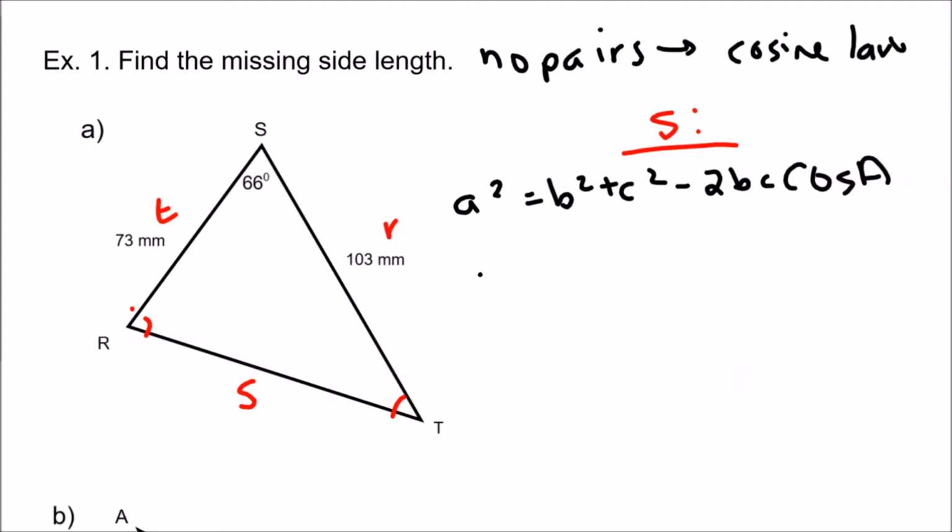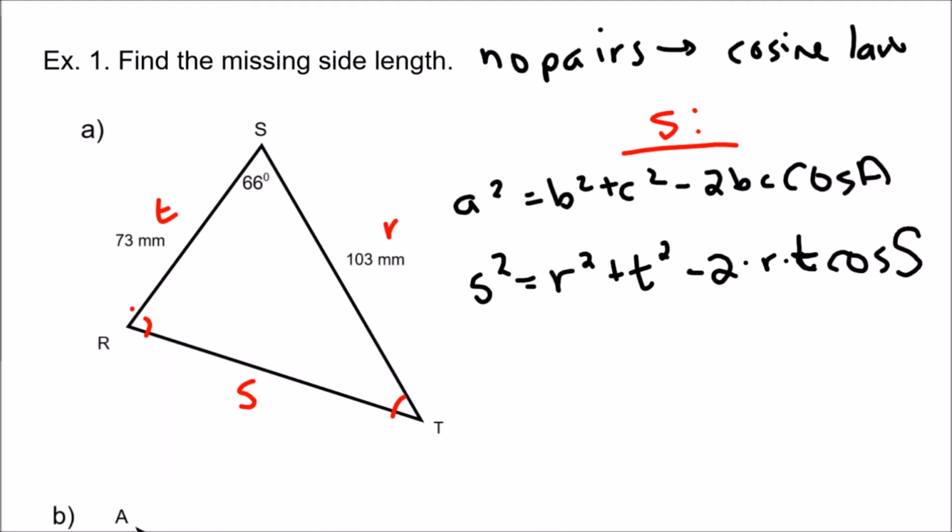So if I rename that first variable s, b and c become r and t, again in no particular order, minus 2. It was another b and c here before, so it's going to become another r and t. And then the angle was related to the side I was finding, so we're going to talk about cosine of s.